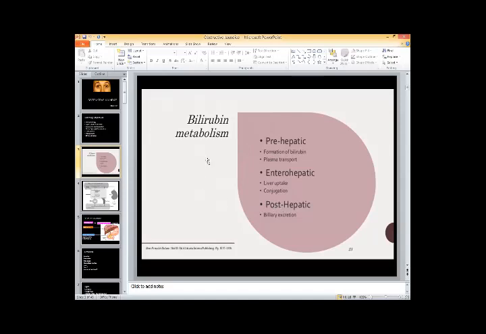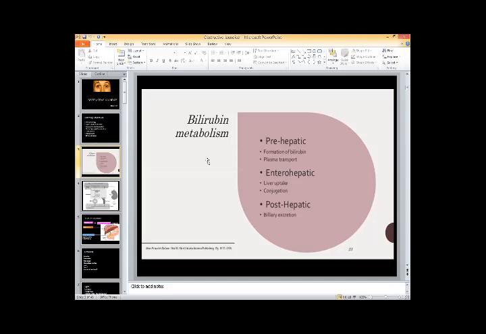Prehepatic is the formation of bilirubin, which occurs before it goes to the hepatic phase. Bilirubin is formed in the blood or in the spleen, then it is attached to albumin as a transport protein and comes to the liver. So prehepatic metabolism consists of only two steps: formation of bilirubin and its transport to the liver.